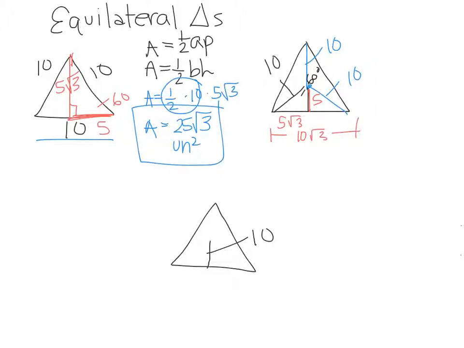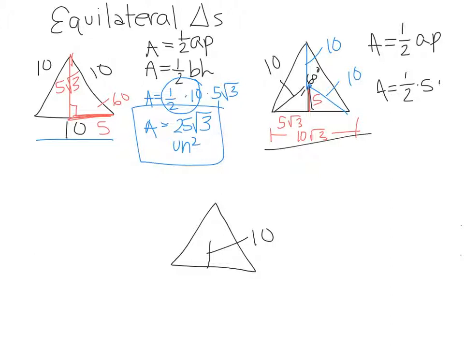If you wanted to, you could do area is 1/2 base times height, where the base would be 10√3 and the height would be 10 plus 5, so the height is 15. Or you could do 1/2 AP. I'm just going to do 1/2 AP because we haven't done that yet. So 1/2 apothem times perimeter. Area is 1/2 the apothem, which is 5, times the perimeter.